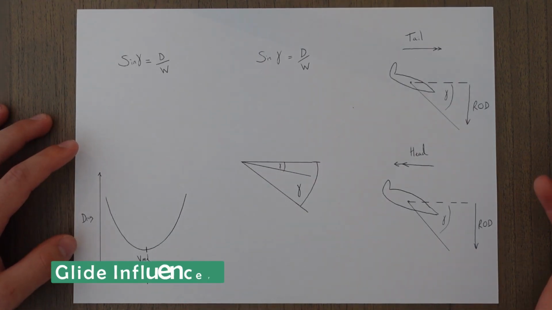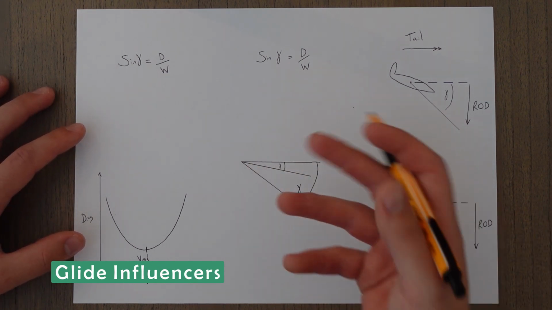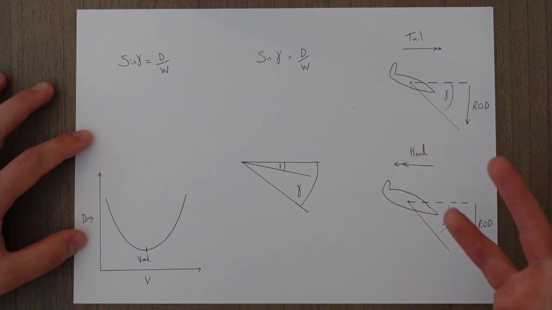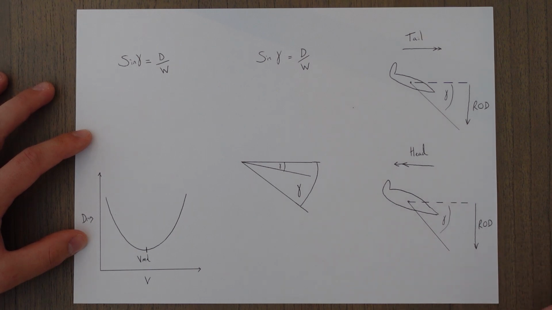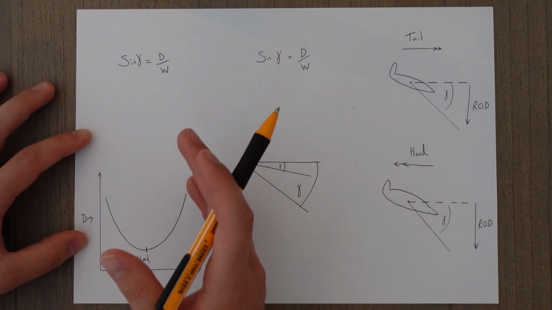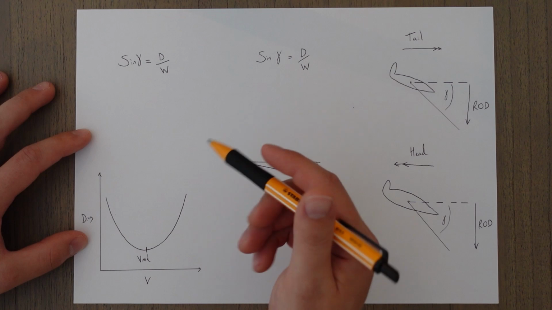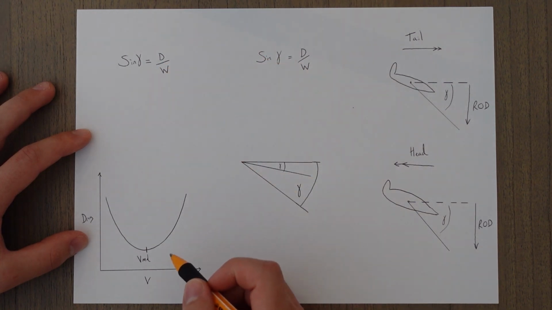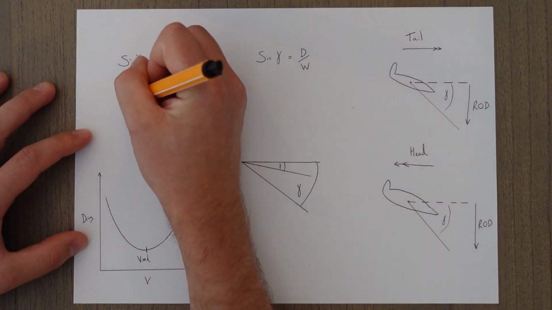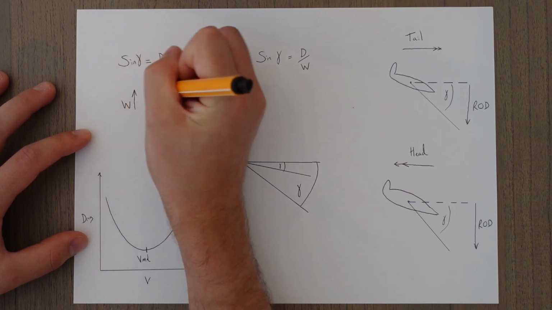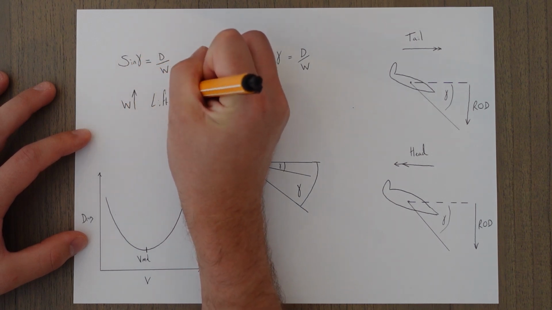So there are a few factors that affect the glide and the steepness of the angle, and also the endurance. Weight has no influence over the glide angle, which does seem a bit strange because it's involved here. The reason for this is that when our weight goes up, our lift has to go up to balance it as well.